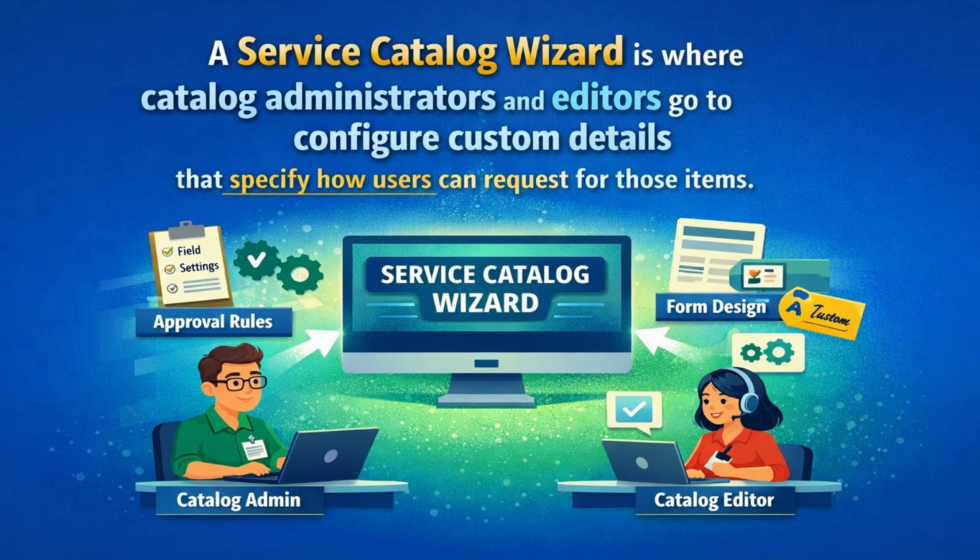Note that as a catalog administrator, you may need to add steps, sections, or questions to a catalog item wizard itself to allow editors to capture custom details when creating catalog items using the catalog builder.